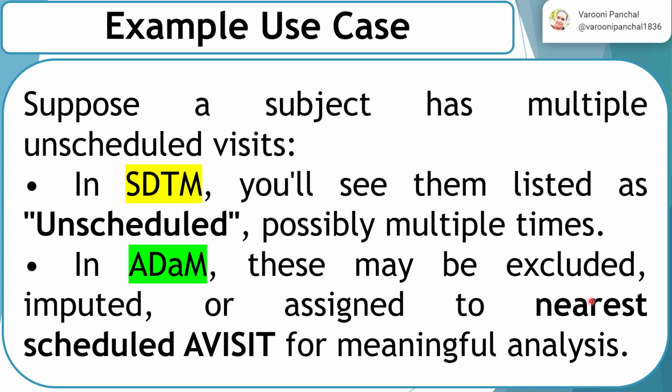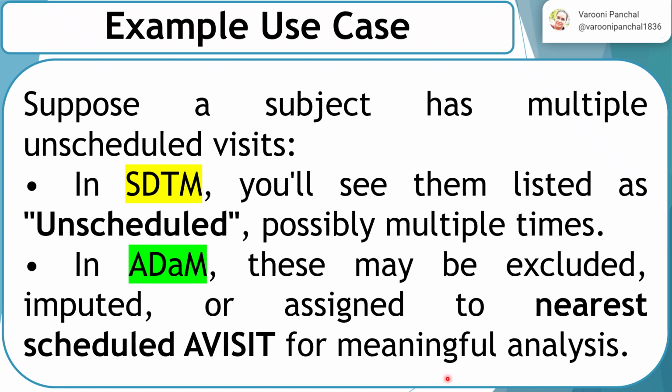Whereas in ADaM, these may be excluded, imputed, or assigned to the nearest scheduled visit for meaningful analysis. Like I said, say there were 3 possible unscheduled visits, and the blood was collected and recorded. But when we do the analysis, we will not consider all 3. Whichever is the latest, or the most meaningful value, or the one present within the lower and upper limit range, that will be assigned to the nearest scheduled visit.